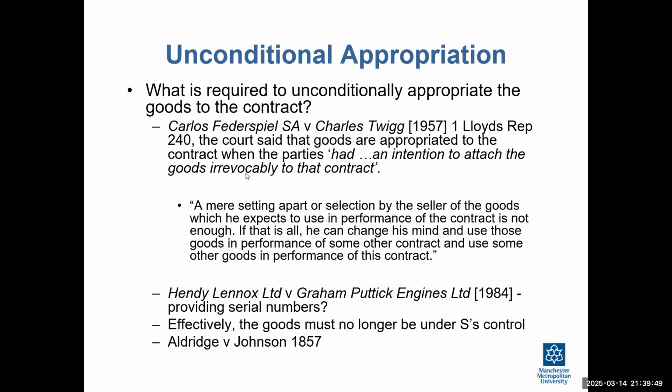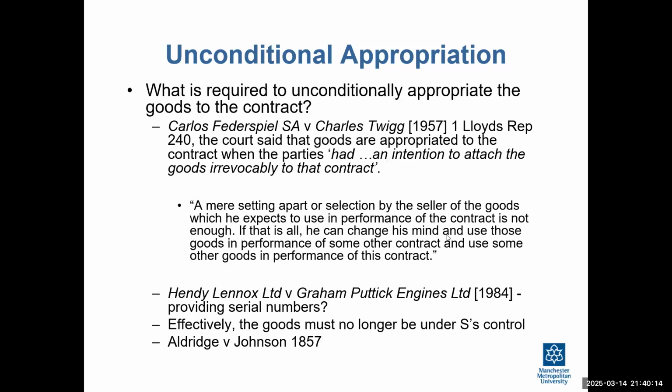So this is what the court said in Carlos Federspiel. This is a very good case to remember, guys, but don't worry if you can't. You can use any of the other ones as well. For Carlos, it's a really good case because the court says that setting aside or selecting by the seller of the goods he wants to use is not enough.